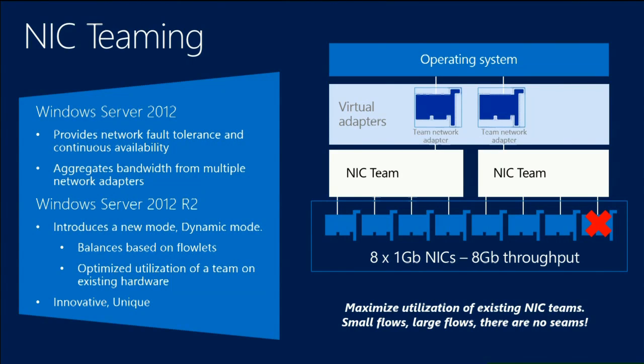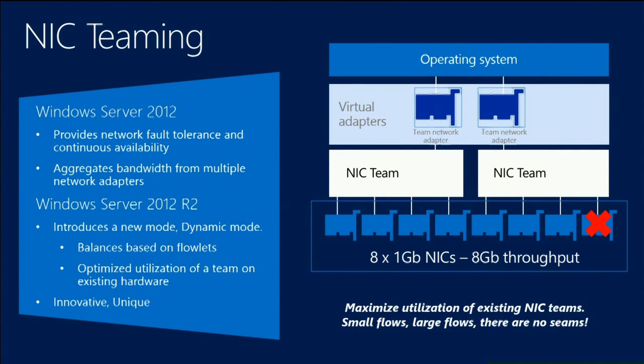There are natural gaps in a TCP stream. We break it up into chunks, what we call flowlets. And we balance these flowlets across multiple NICs instead of balancing only on the flow, which means that you're again able to optimize utilization of the underlying NIC team. Once again, this works on your existing NIC teams that you have today.